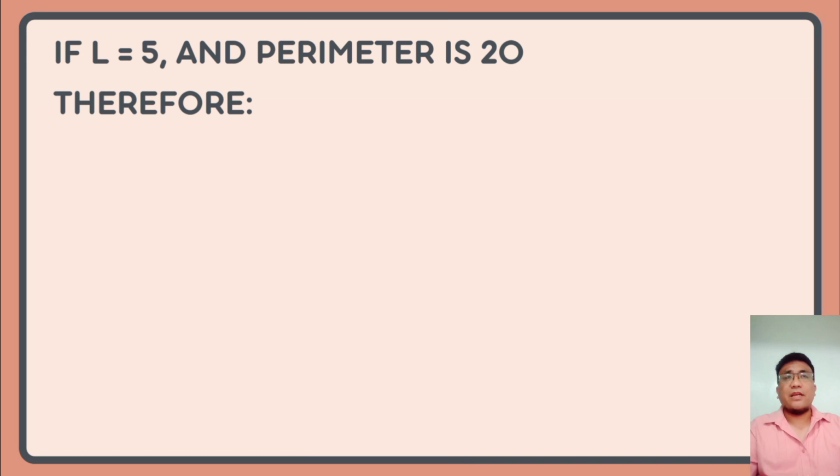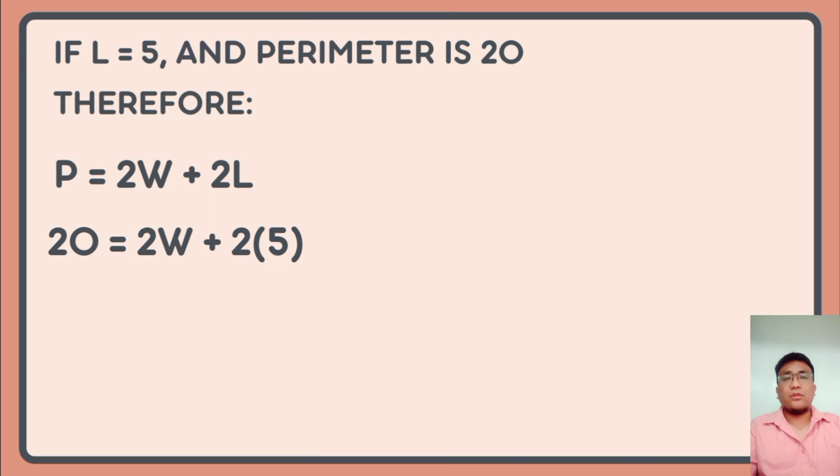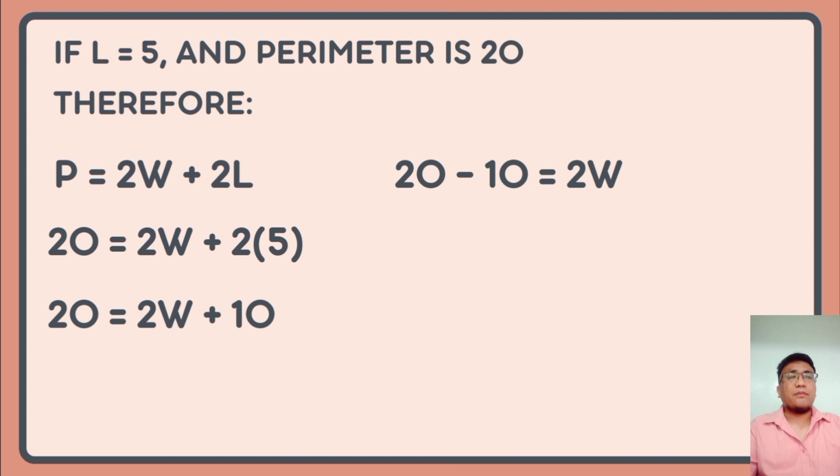So if L is 5 and perimeter is 20, therefore P is equal to 2W plus 2L. So 20 equals 2W plus 2 times 5. So 20 equals 2W plus 10. And then transposing, 20 minus 10 equals 2W.